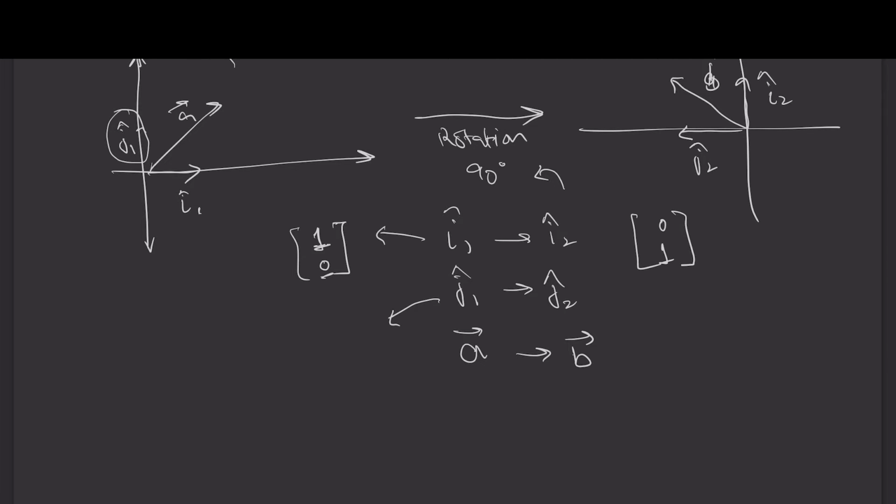Similarly, J1 cap had an x component of 0 and a y component of 1. After transformation, J2 cap has a y component of 0 and an x component of -1.